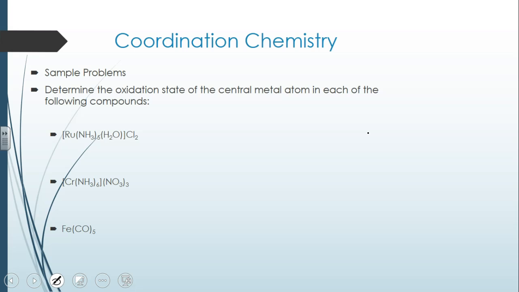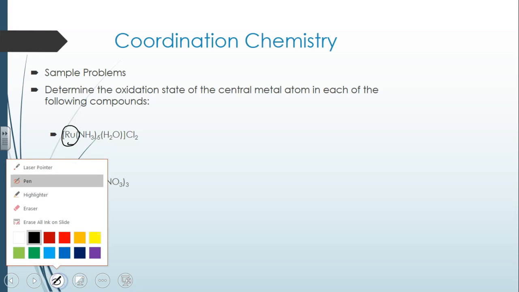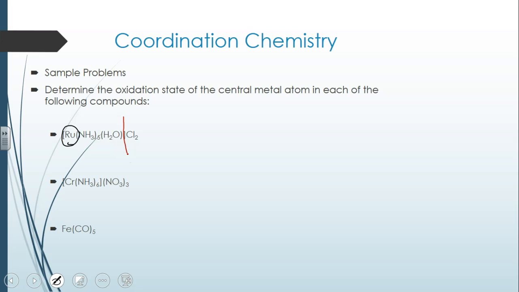Okay, so if we wanted to find what the charge of that ruthenium atom is, well, what we know is this thing is split up into 2 parts. We have this ion and this ion. So this is the positive side, and this is the negative side. Because we have 2 chlorine atoms, that's Cl2, so in order to cancel out the other side, this must be a 2+ ion.